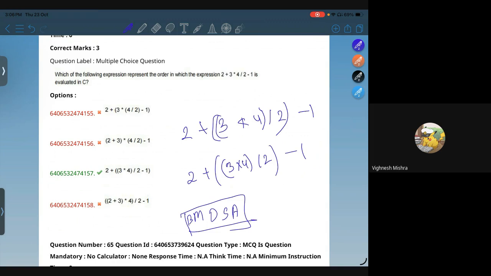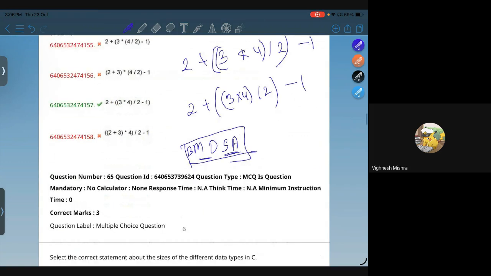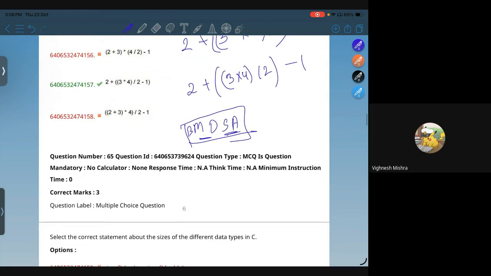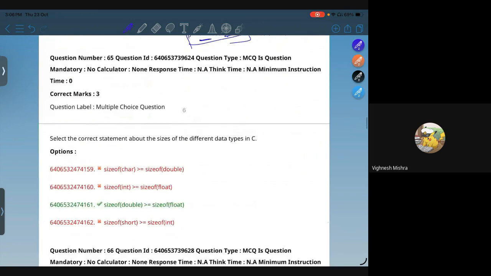They have these values as compared to the others. Fine. Select the correct statement about the sizes of different data types. Size of char is 1. int is, I guess, 4, if I'm not wrong.